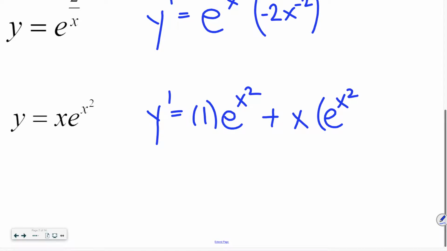E to the x squared times 2x. Do you agree? Okay. That's right. Whether you rewrite it or not, there you go. There's our product rule. Okay.